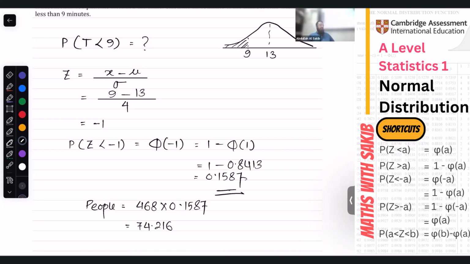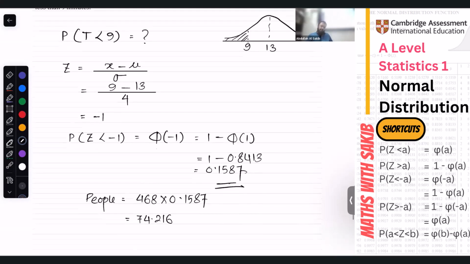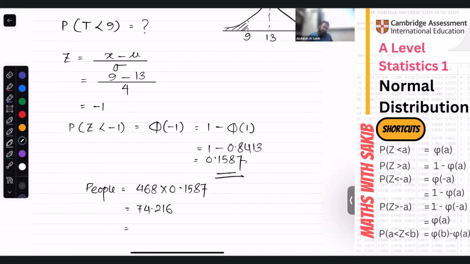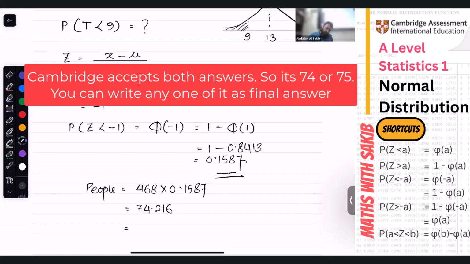No. So what will be the answer, 74 or 75? Both are correct. With Cambridge, both are correct. But it's a book question, you get 74. So this is your answer. Cambridge accepts that. It's okay. Clear? But we can answer 74.